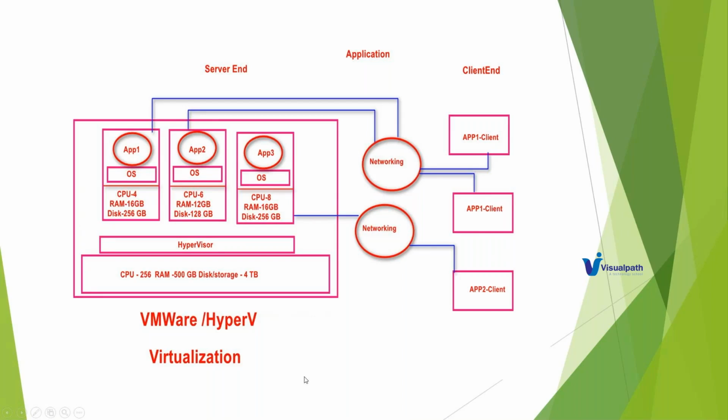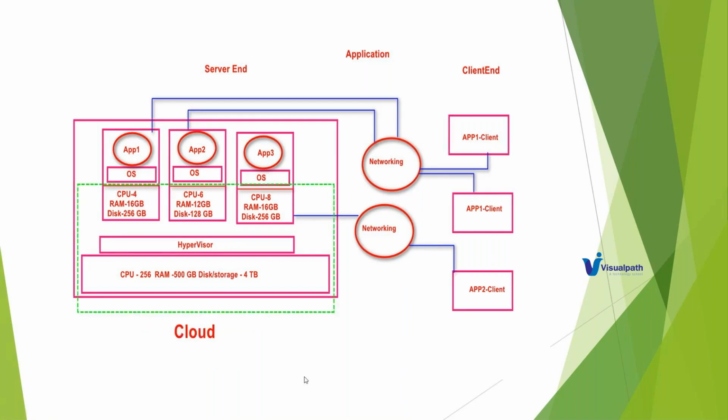Now the next evolution comes, and that is called the cloud evolution. In the cloud evolution, pretty much the same structure remains, but the burden of purchasing the box, maintaining its power, cooling, and networking is all taken care of by Microsoft, Amazon, Google, or whoever company is giving you the cloud solution.